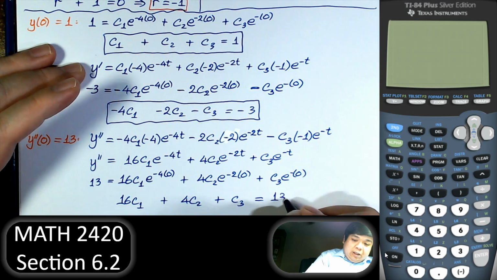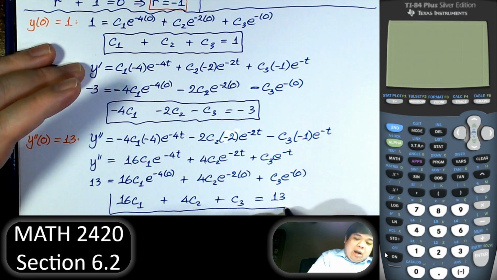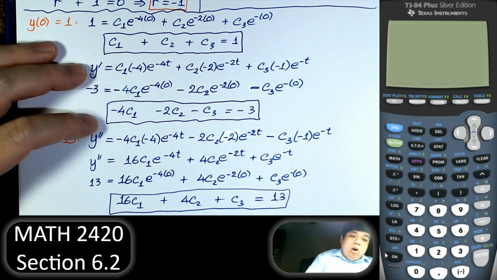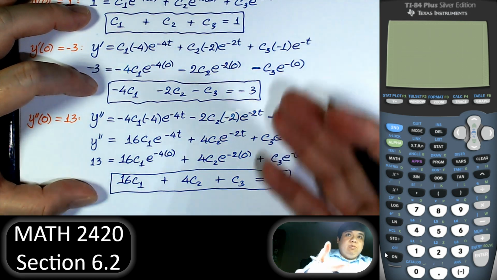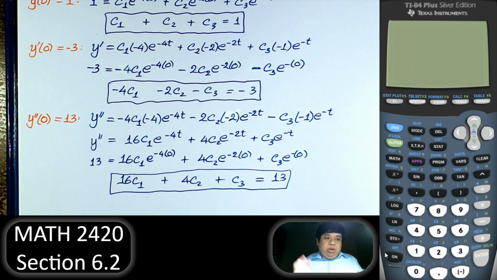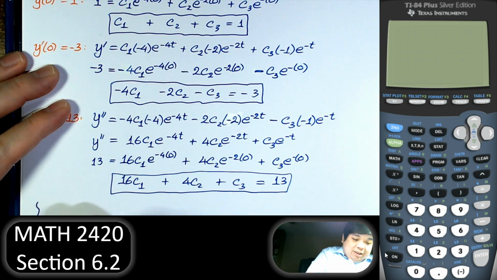equal to 13. Right. Now we have 3 variables, c1, c2, c3, and 3 equations, which is good. 3 equations, 3 variables. That's fair game.